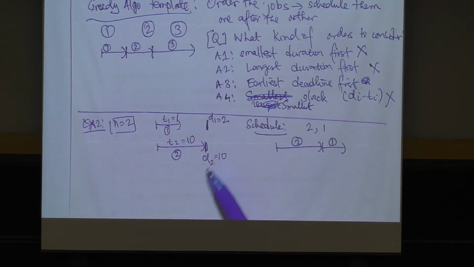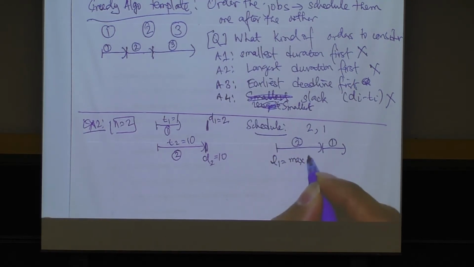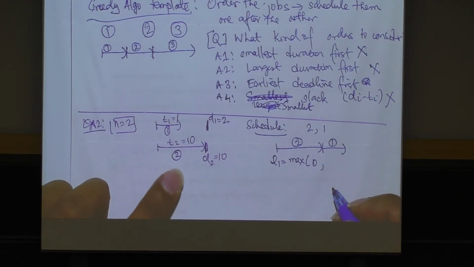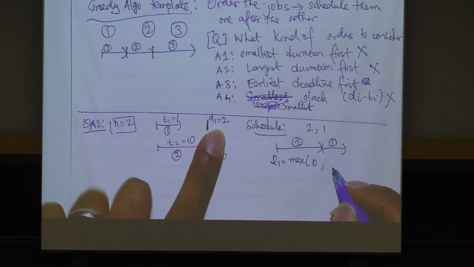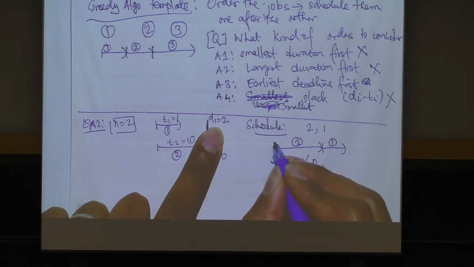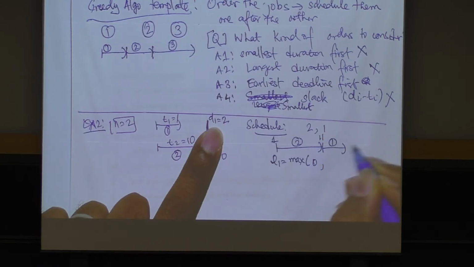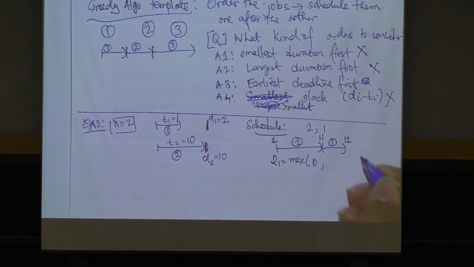So if you look at smallest slack, the second job comes first because the slack is 0, and here the slack is 2. All right, so in this case, if you look at the lateness of the first guy, it's max of 0. Then you finish at, so sorry, I should put in times here. So this is 1, 11, and 12.